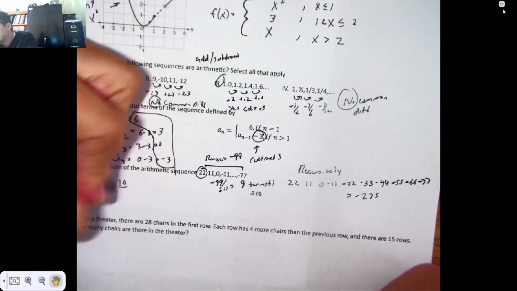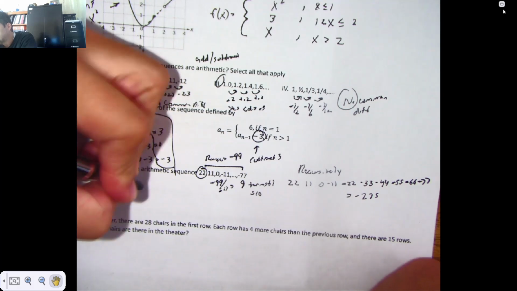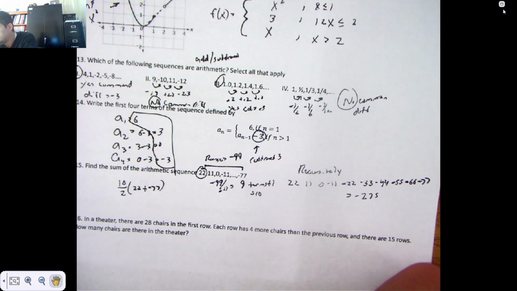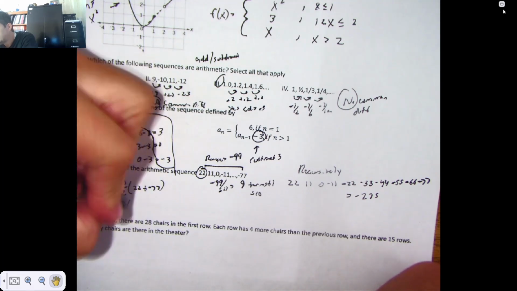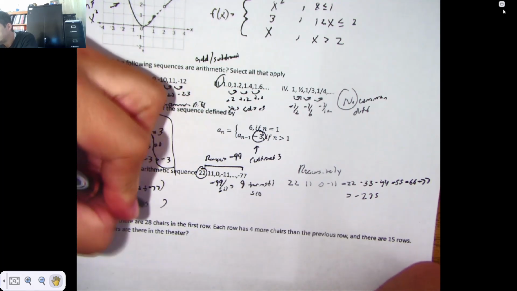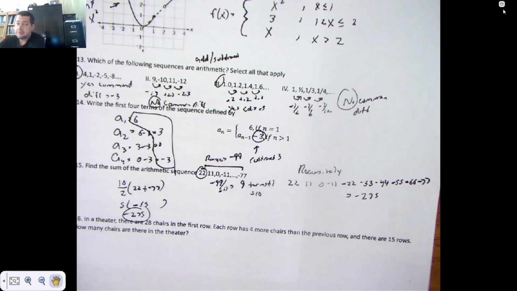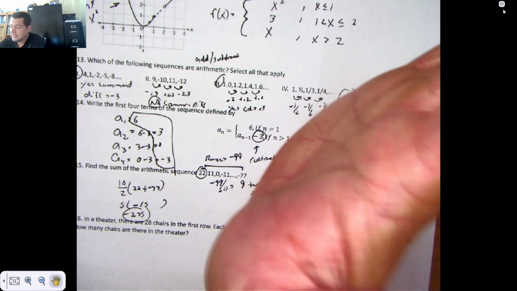And I would have done 10 over 2 times 22 plus negative 77. We'll get the same thing. 10 over 2 is 5. Those two make negative 55, and that's negative 275 all day long. It's not a hard problem. I didn't try to trick you.